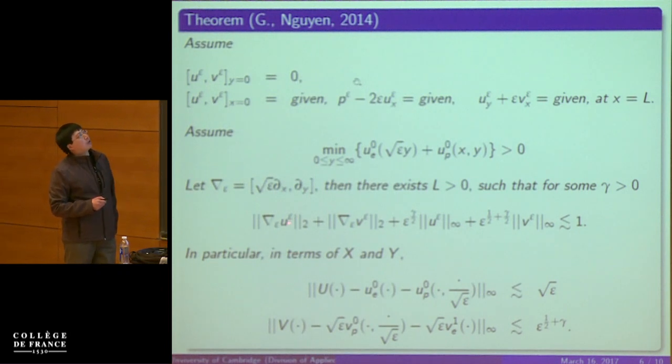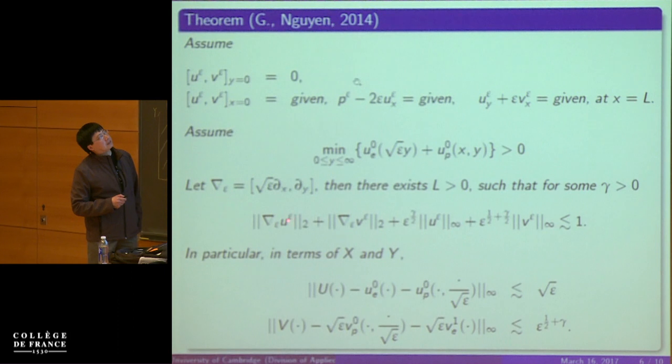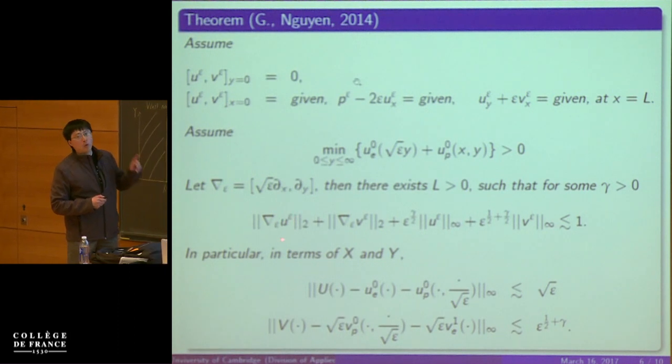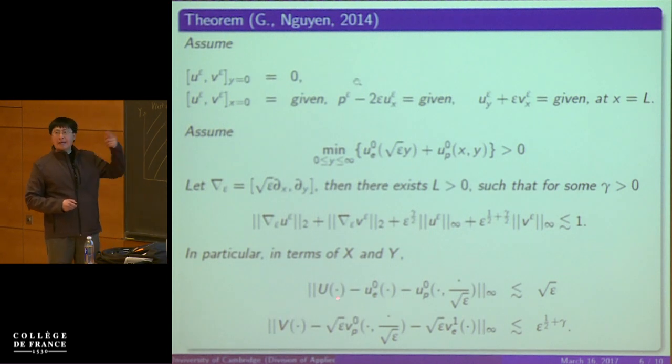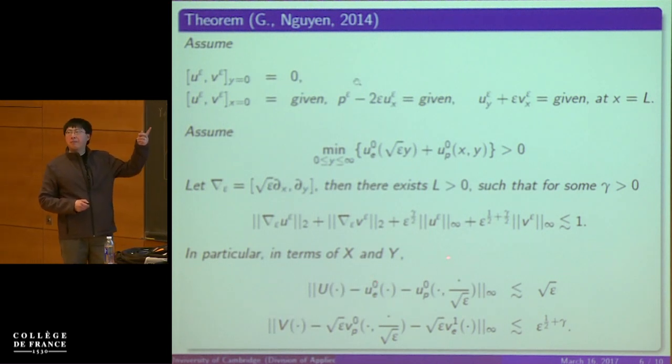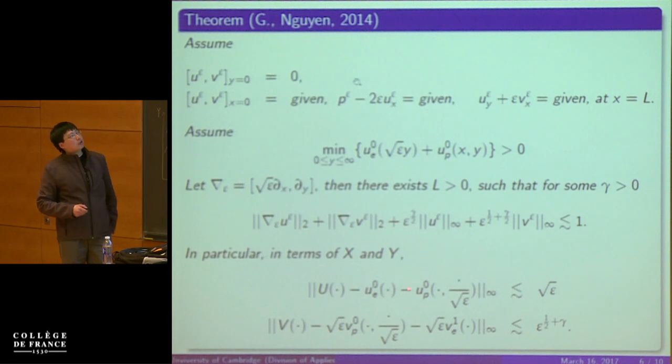So here, the most important thing to realize is that at least the y derivative of u epsilon is order 1, and here, at least the y derivative is order 1. So once you have this estimate, then you can translate into the original coordinate. So then you will have u itself decomposed into this Euler plus the Prandtl.